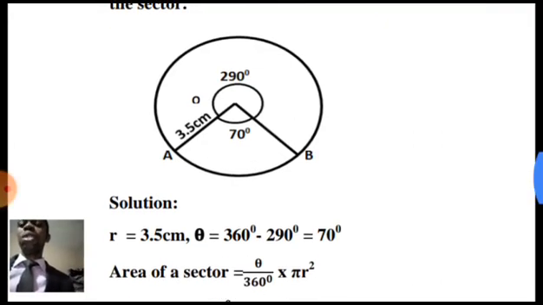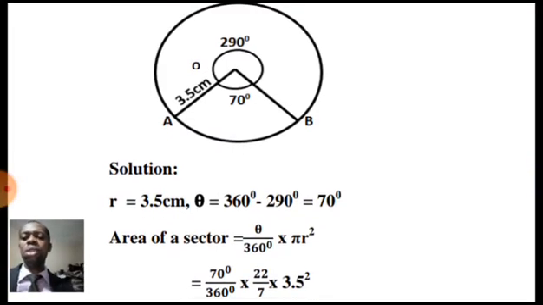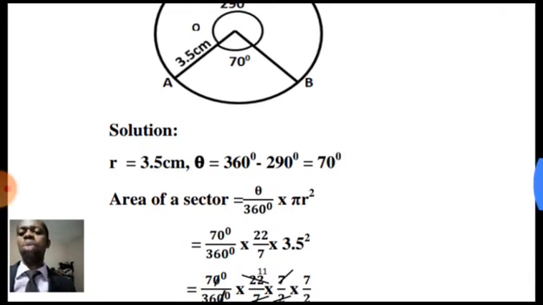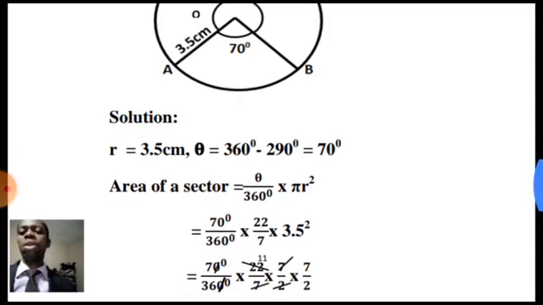Now, area of a sector, which is equal to theta over 360 times pi r square, will be equal to 70 degrees over 360 degrees times 22 over 7 times 3.5 square. Now don't forget that 3.5 can be converted to 7 over 2, and so that will become 70 degrees over 360 times 22 over 7 times 7 over 2 times 7 over 2.